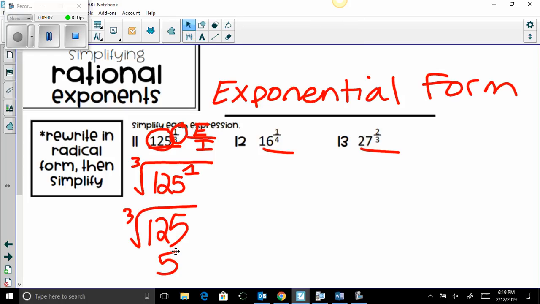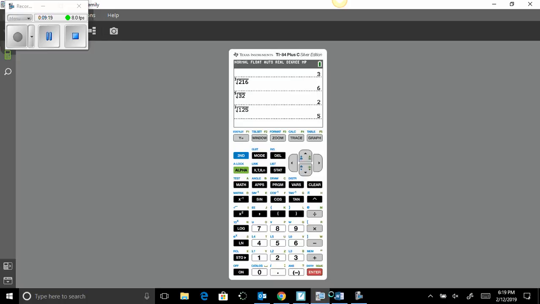All right, let's change this. Notice though, let me just show you something really quick because I can also check myself using this exponential form. If I wanted to double check myself, put in 125, use your caret right above the division sign, and if I want to make that exponent a fraction, go to alpha, y equals, number 1.